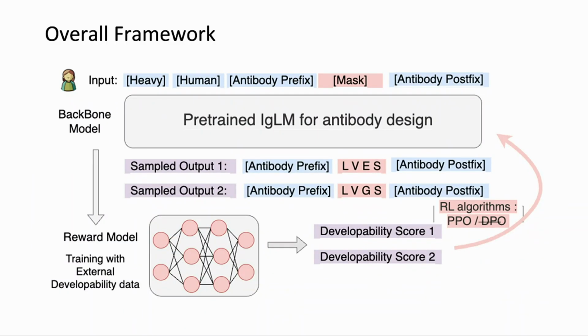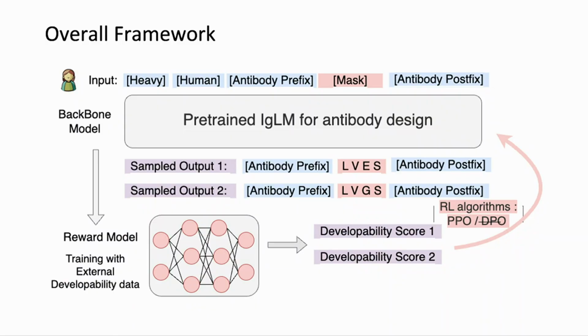We have a pre-trained IgLM for antibody design, and we sample a dataset where the model needs to generate the masked areas. So we have heavy chain human antibody prefix as the condition to the model, and the IgLM actually needs to generate the masked region.